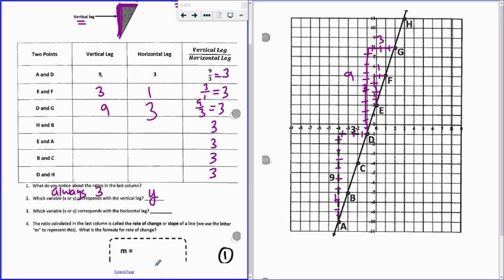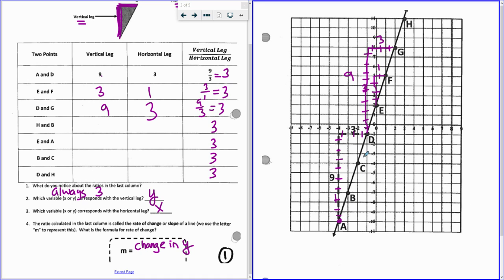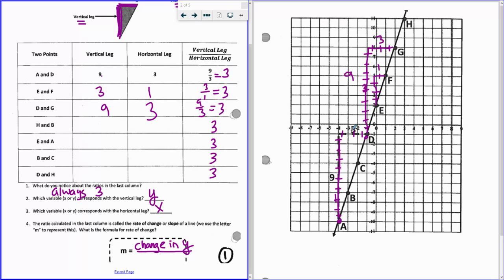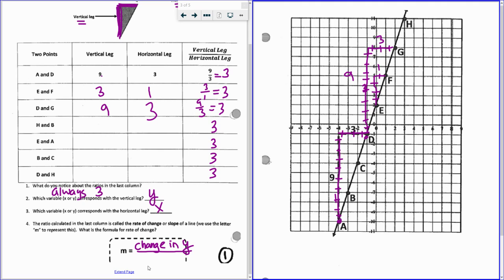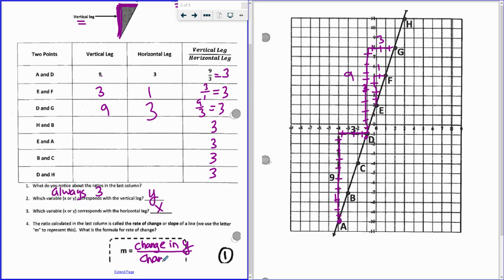So the vertical leg is y, the horizontal is x. Another way to calculate slope is the change in y. How much from A to D did y change by? It went up by 9, over the change in x. That is our formula to calculate slope.